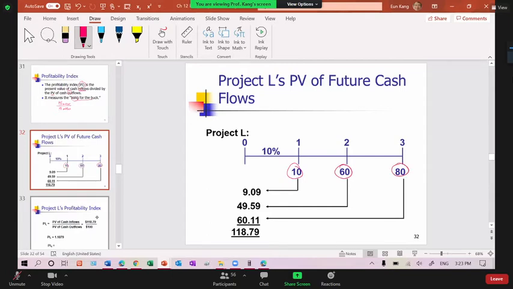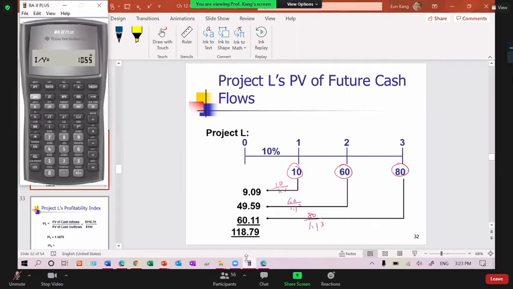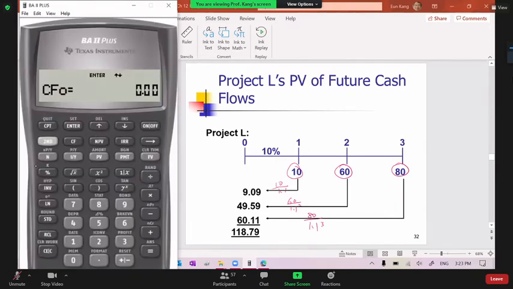So positive ones, again, present value is 10 divided by 1.1, 60 divided by 1.1 squared, and 80 divided by 1.1 cubed. But it's better for you to use your technology, right? Cash flow. Let's check. Oh, good. Step 0 is 0, right? You put 0 here, why?